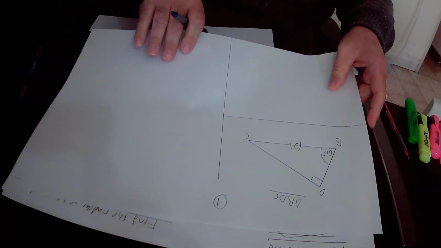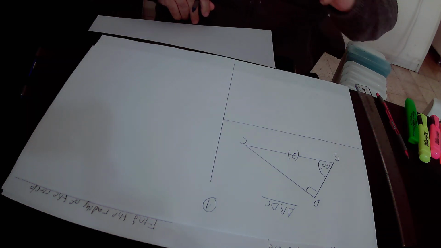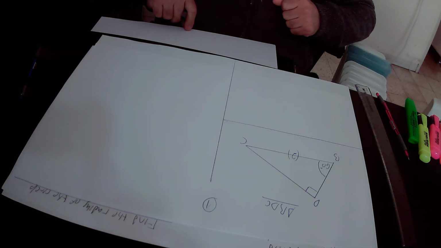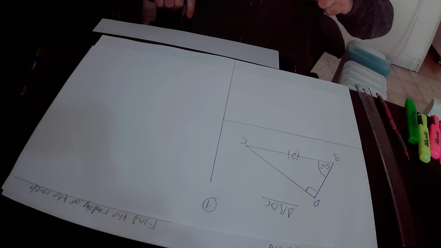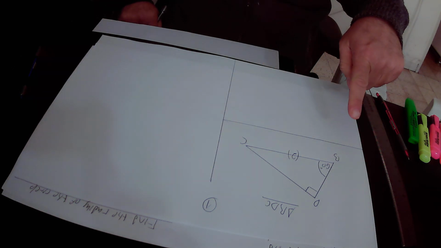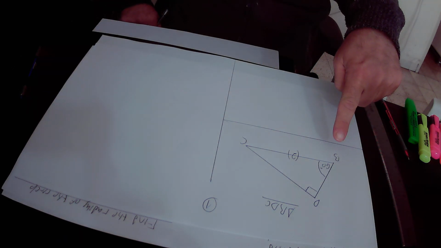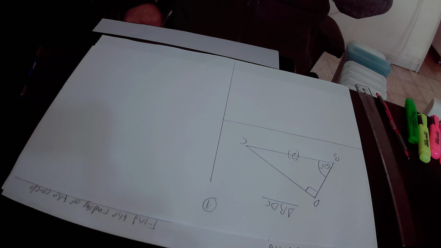So actually, this is the right triangle BDC that I copied from the original drawing. BC equals 2 and this angle DBC equals 60 degrees according to what is given in the question.